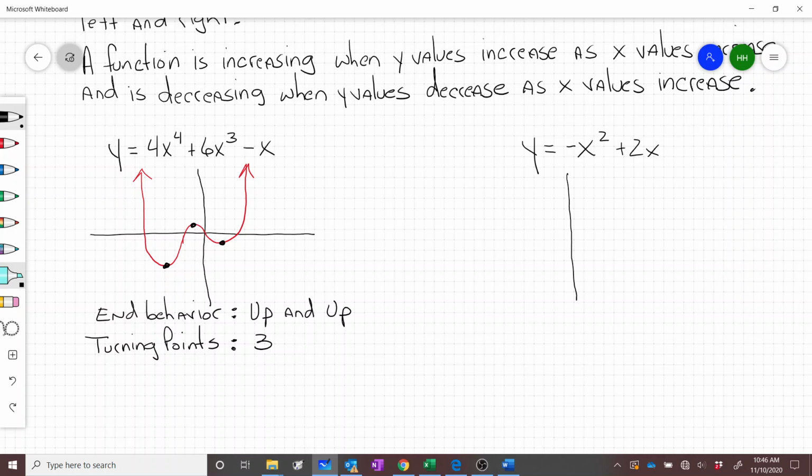Hopefully we recognize that as a parabola, a parabola that is going down since its a value is negative. In this case, this end behavior is down and down. Turning points: we got one right here. One turning point.